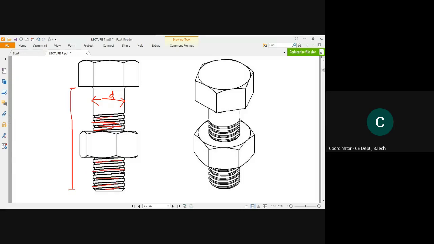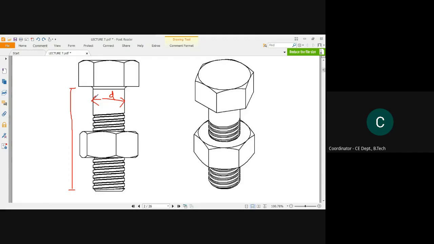From proper logic, you can understand that in the process of making this thread, some amount of area has been reduced, right? So this reduced area part is not considered as the nominal diameter.